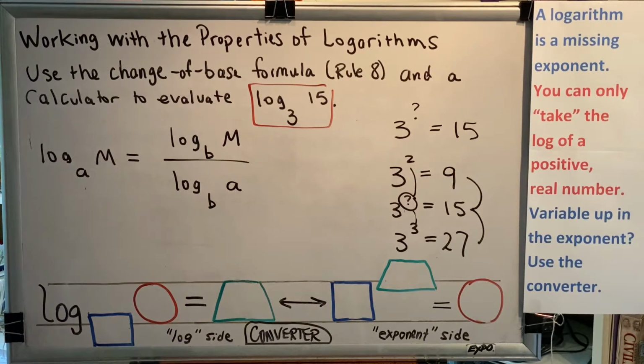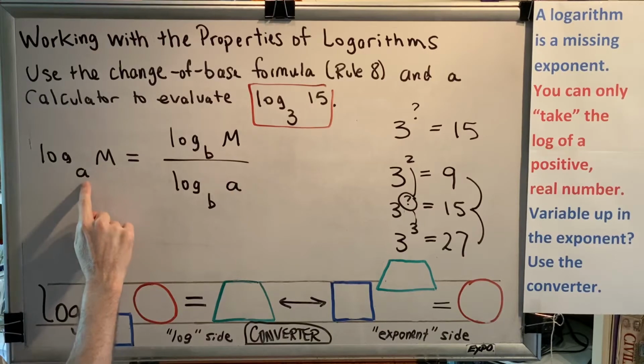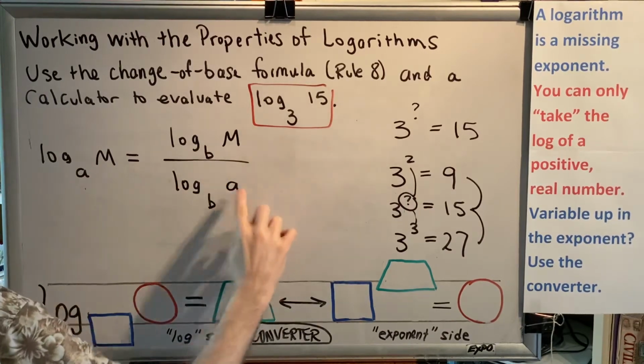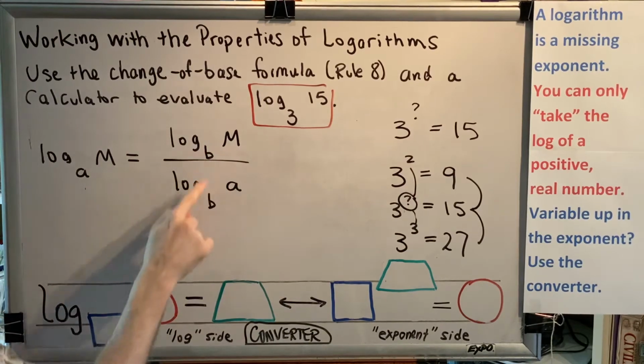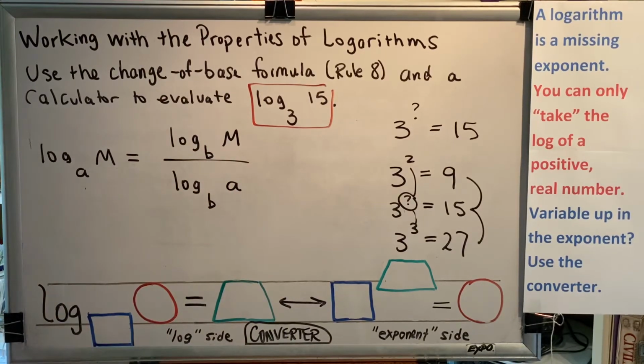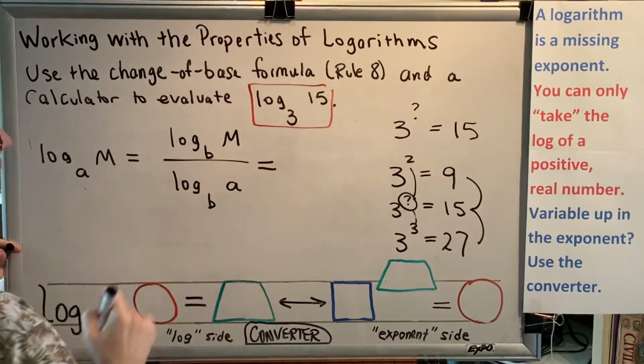When I teach this to students, I like them to observe that on the left, the m is a little bit higher than the a, and on the right, the m is higher than the a. So the up goes up and the down goes down, but you get to determine the base b. In this particular instance, let's assume that we're going to choose a base b of 10.